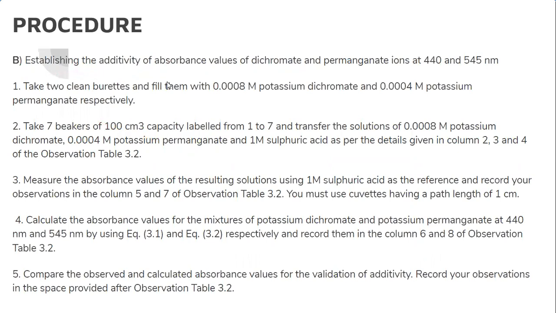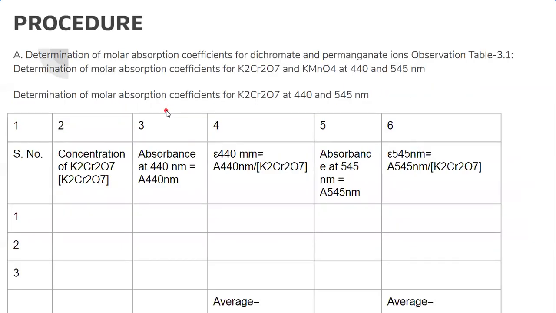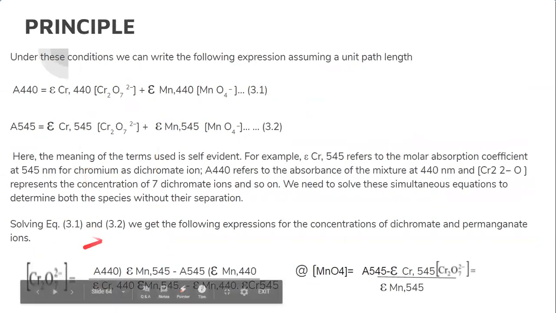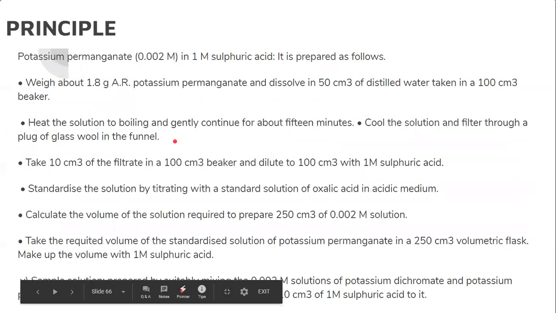Then again, we place that mixture of solution at 440 nanometers and 545 nanometers, and thereby we measure the absorbance. Whatever absorbance we obtain will be matched with the values obtained by substituting in this formula, and then we compare.